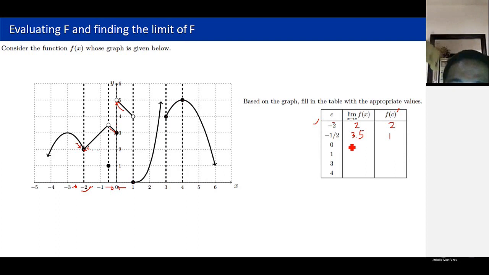And kung i-direct substitute natin, kung ang x ay equal to 0, doon siya papunta sa 3.